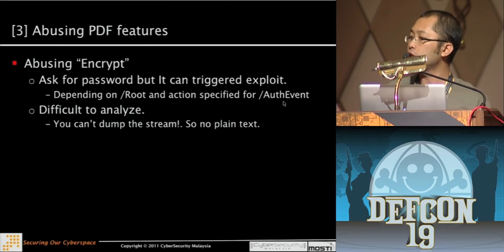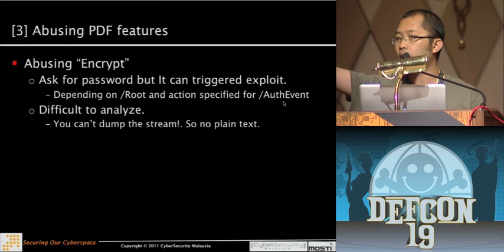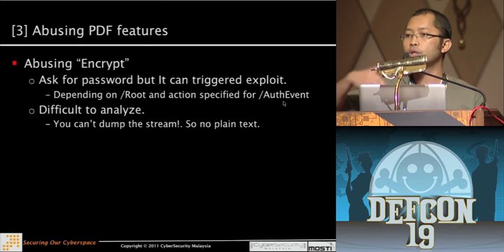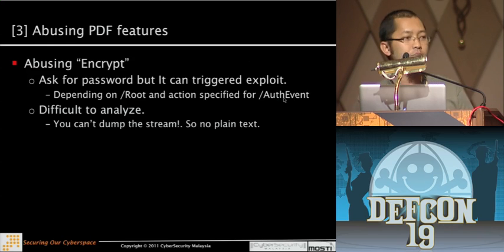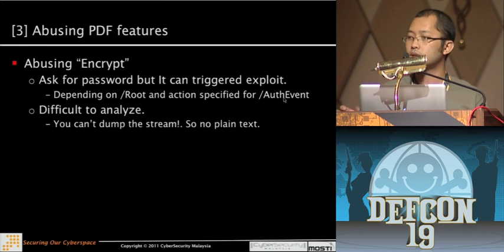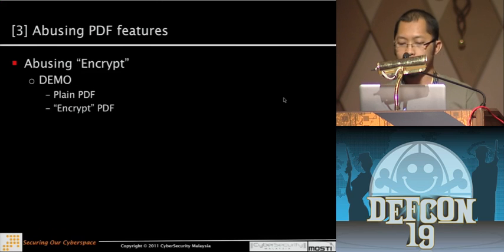But if your /Root has a pointer that points to different objects that have an exploit in them, it will trigger that first, and then ask for the action from this event. It's pretty difficult to analyze, because you can't simply dump the strings; you need to break the encryption first, right? So there is no plain text. So, for example, a quick demo.